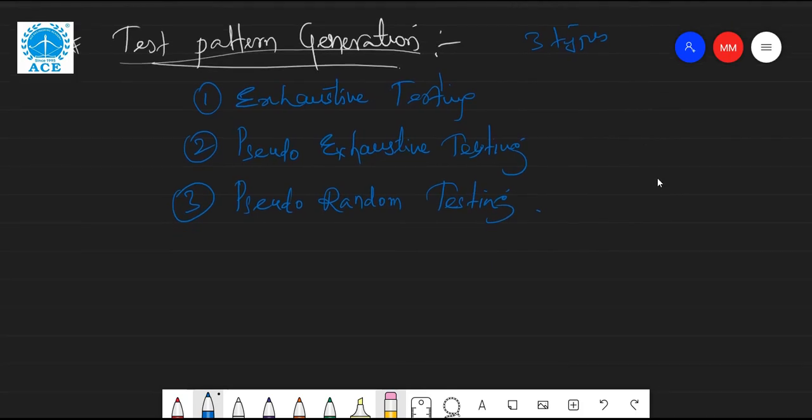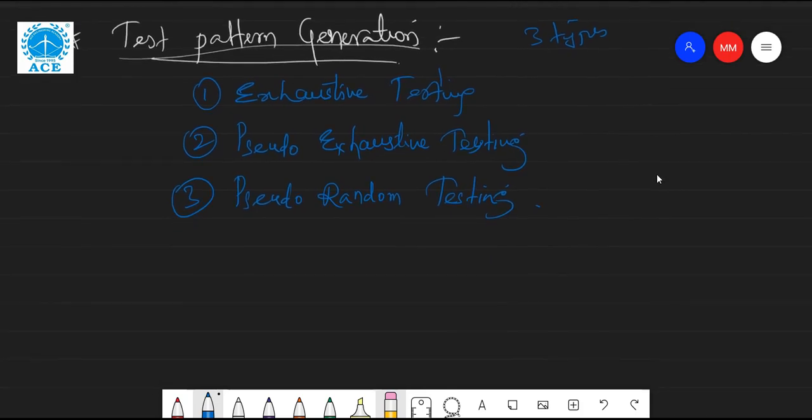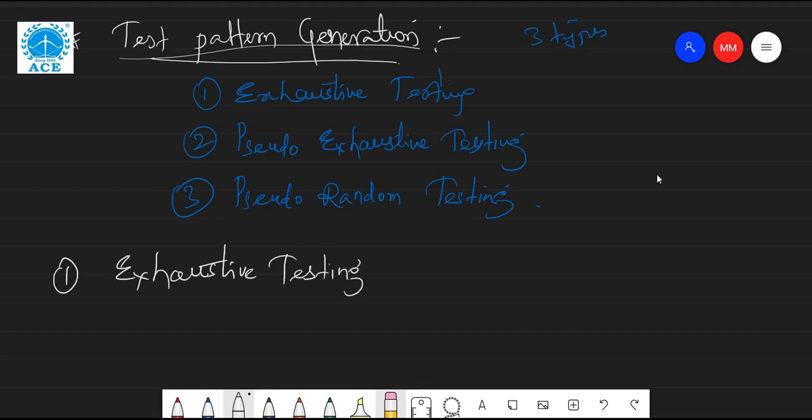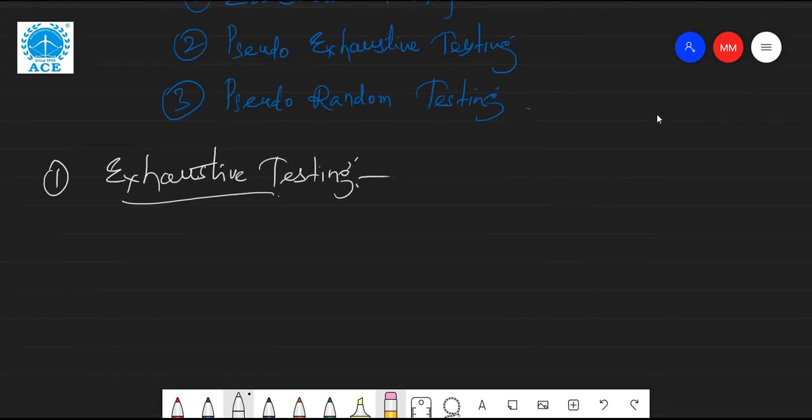Now the first one is exhaustive testing. In exhaustive testing, what will happen for any given circuit? All possible inputs will be provided for the next stage, as simple as that.